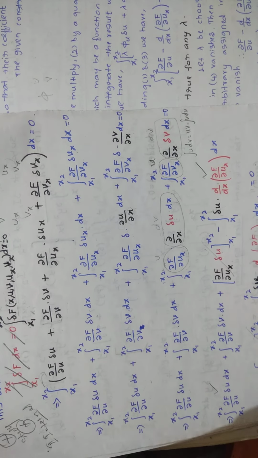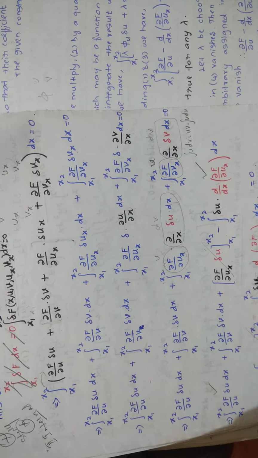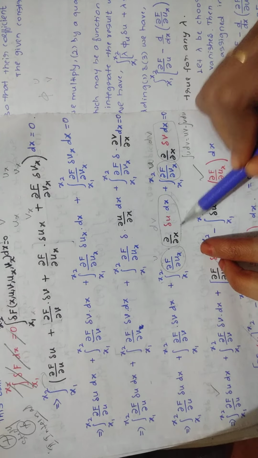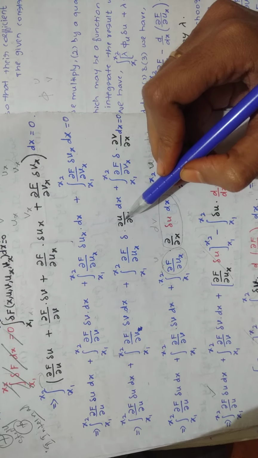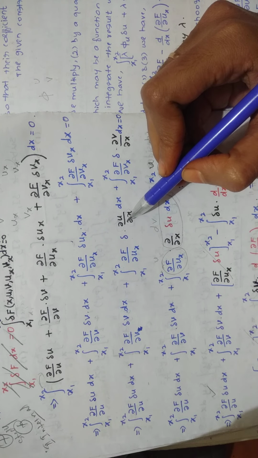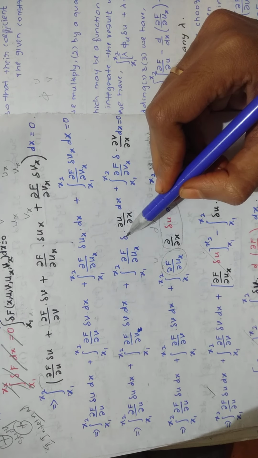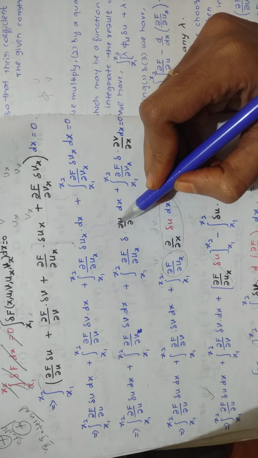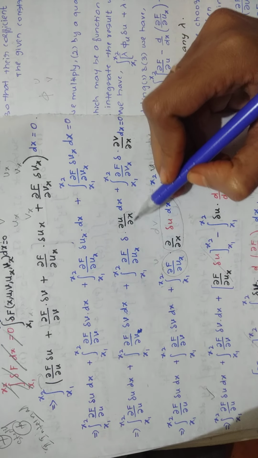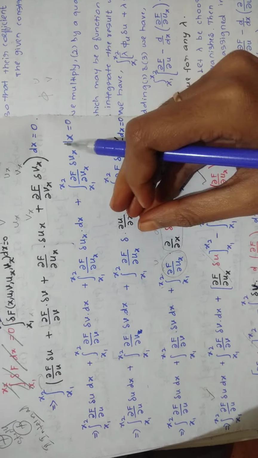And then write these two terms as it is, and here also you are making a small difference, that is, you are going to pair these two, delta and u. And you are separating this dou by dou x from this u.